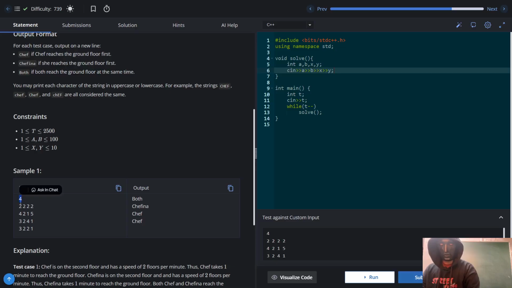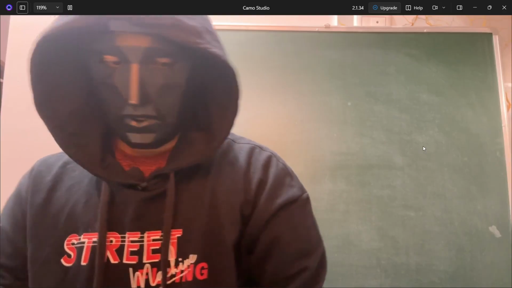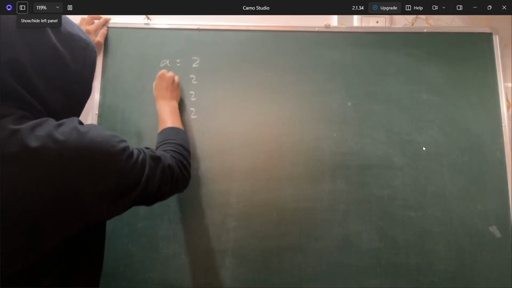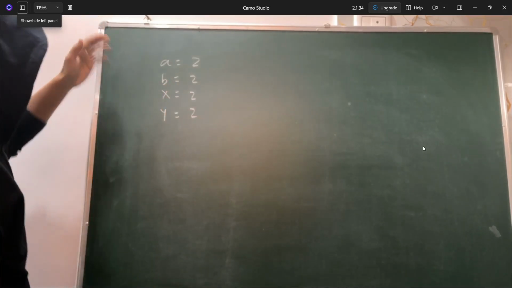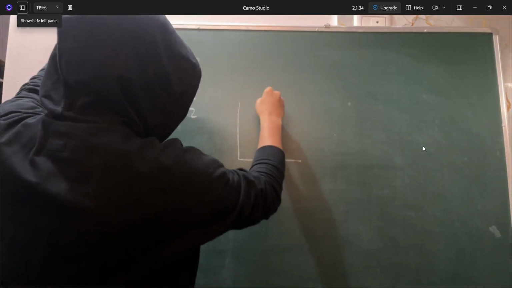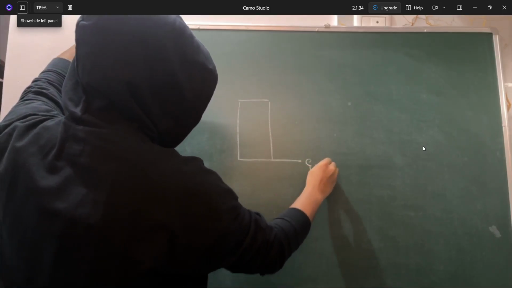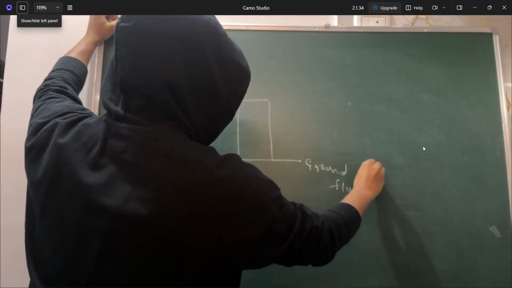They've given four examples. In the first example all the values are 2. Let me explain what it is. Here a is 2, b is 2, x is 2 and y is also 2. Let's say we have a floor building, and this is the ground floor, and its level is 0.